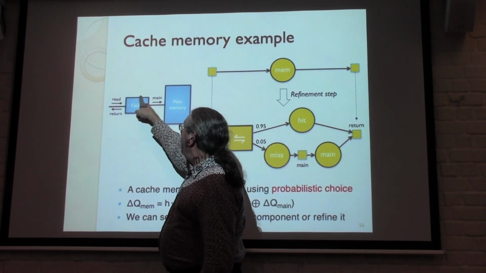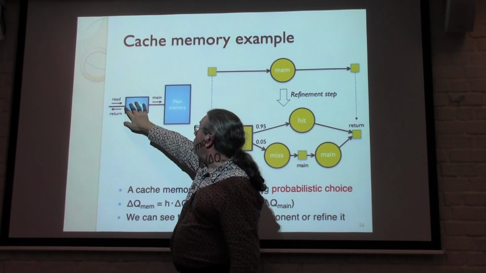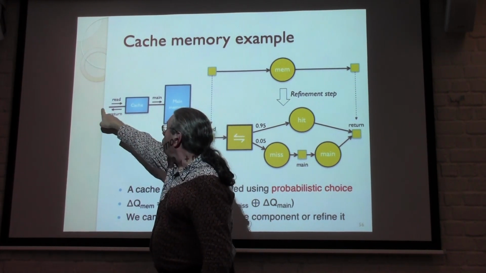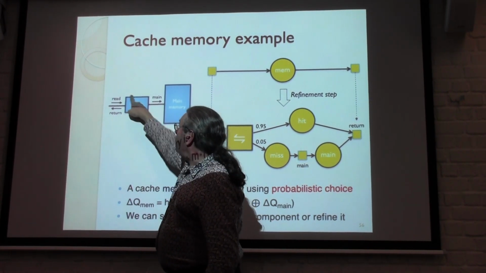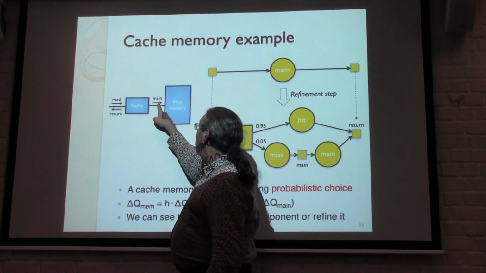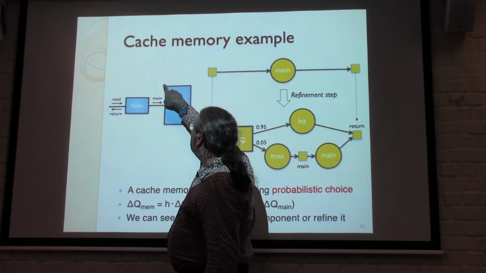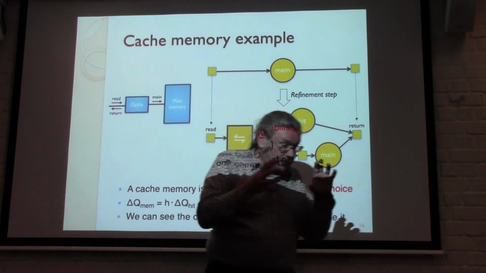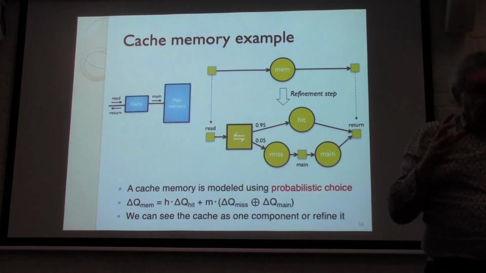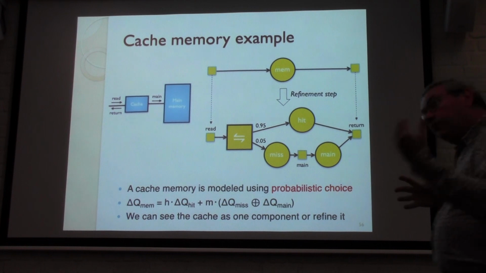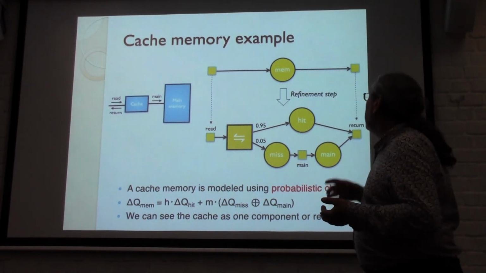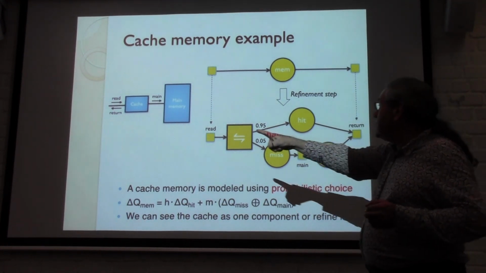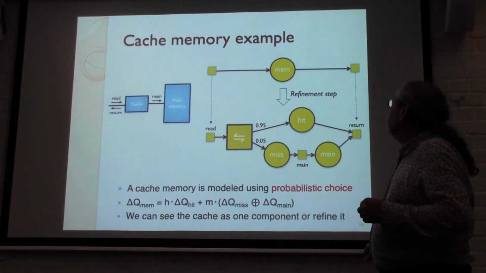So some of the memory cells will be here. If it is, I return it very fast. If it's not, then I have to read it from main memory, okay? So you see the cache keeps a small set of memory cells that I need very often, and they can be read faster.